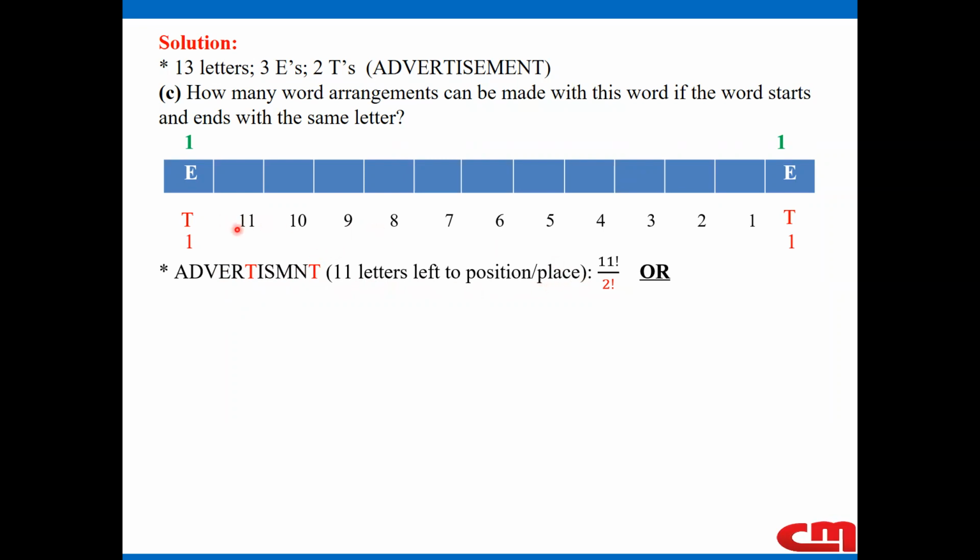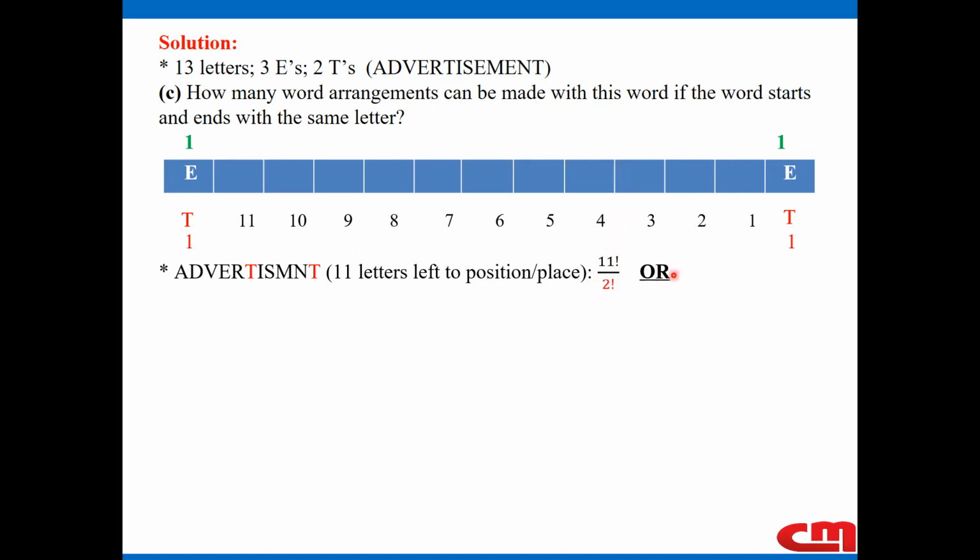To place the 11, you should make sure that you place the 11 letters, then consider the repeating letters, that is the 2 T's, right? This is why we are saying 2 factorial. So the arrangement of the 11 letters after we have positioned the E's in the first and last is this.